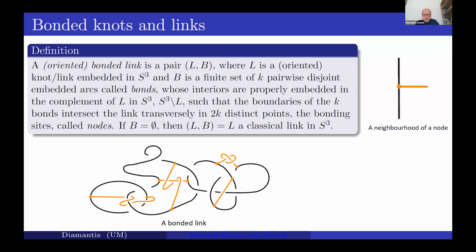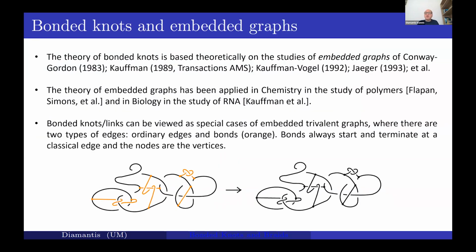And now what we want to do is to be able to describe isotopy of bonded links. So in order to do that, first of all, we want to understand how bonds may behave. This comes from about 40 years ago, from Conway and Kauffman, from the theory of embedded graphs. So we will take for granted some things that we know are true for embedded graphs, and we will try to see how we can generalize them for bonded links.